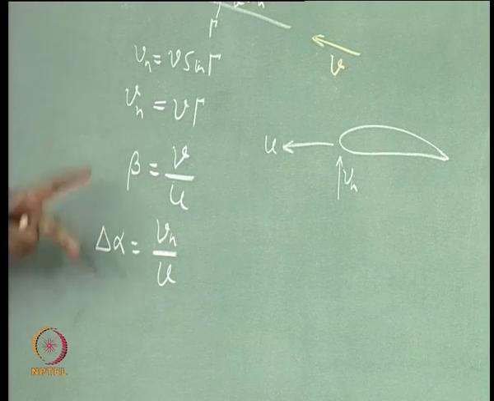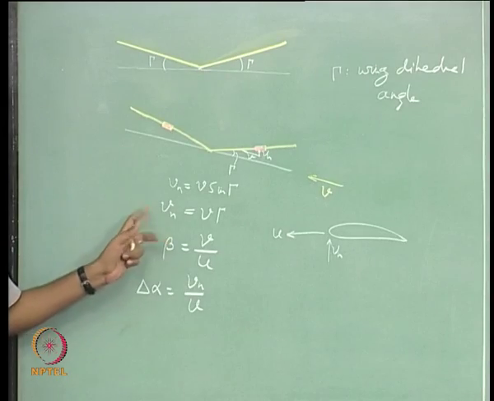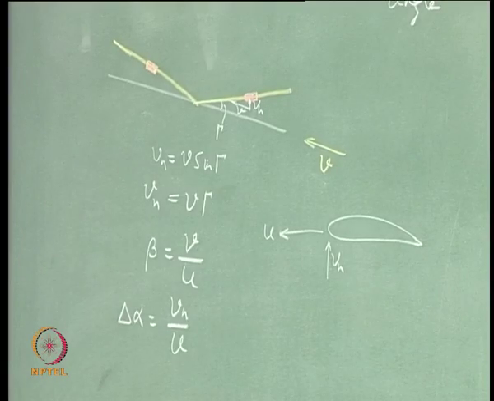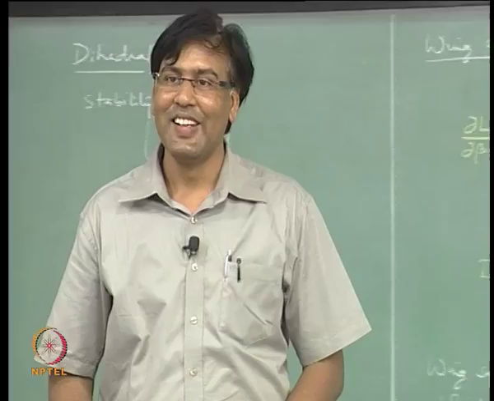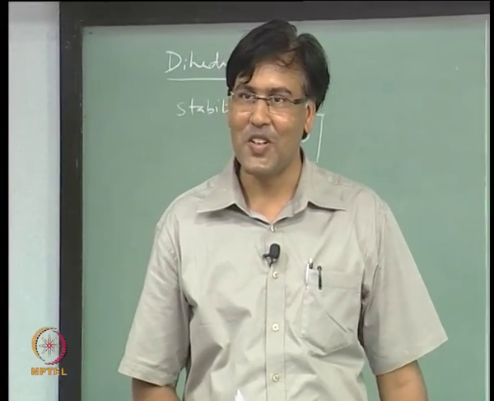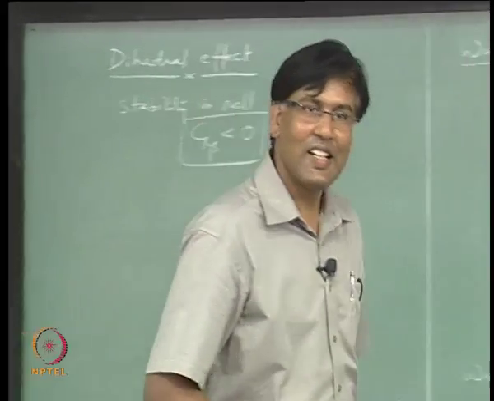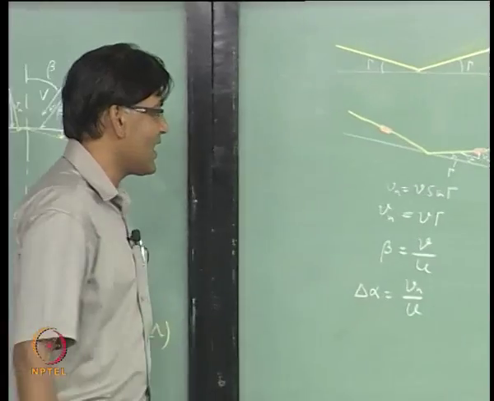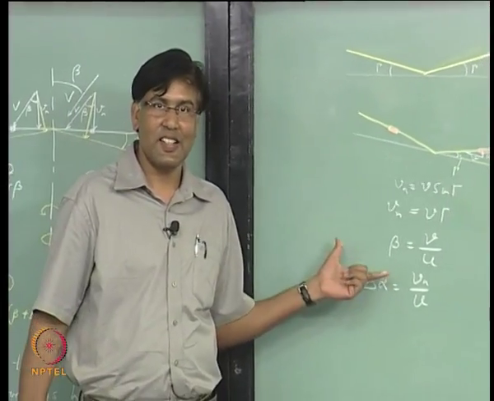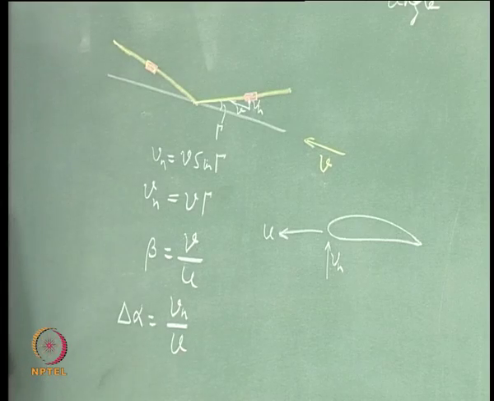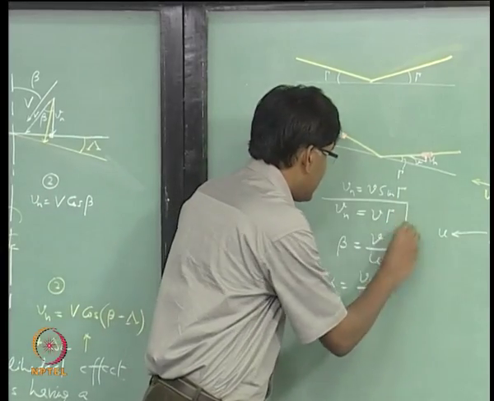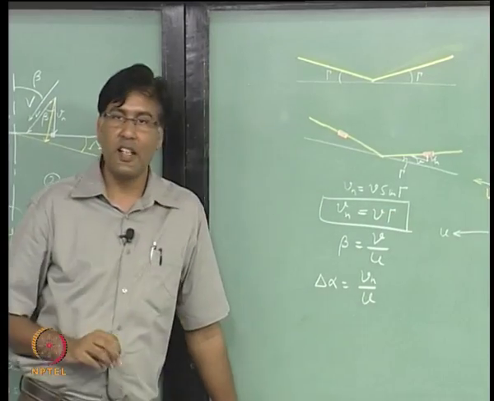Are these expressions clear to you? How many of you understand this? Just show the majority, then I can move forward. In approximation, when I am saying this dihedral angle is small, you can write this.